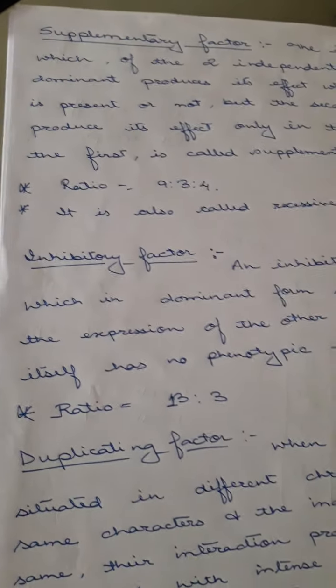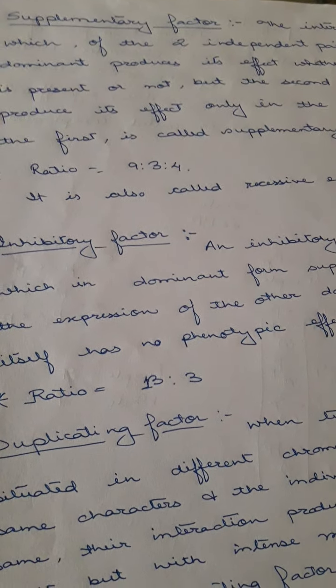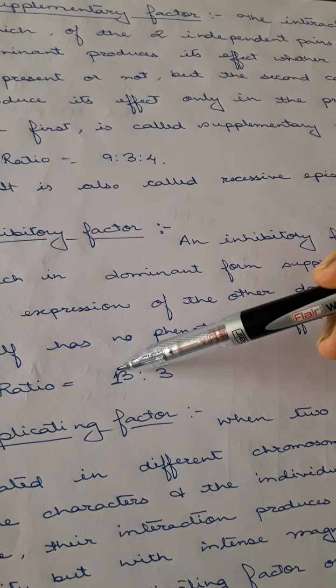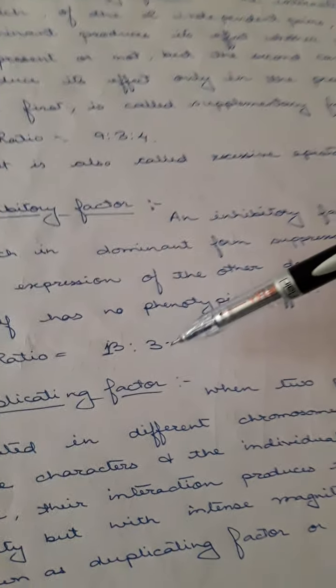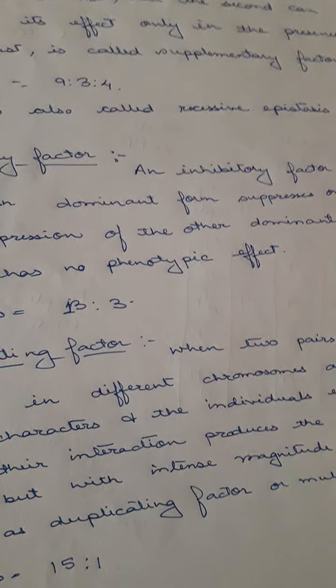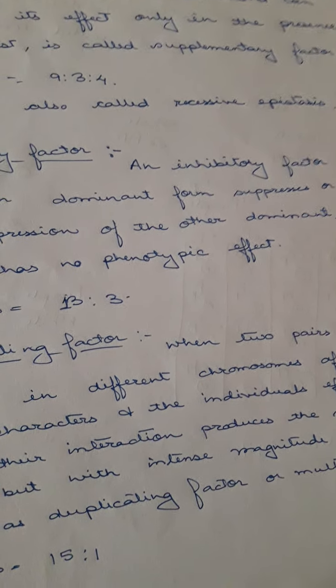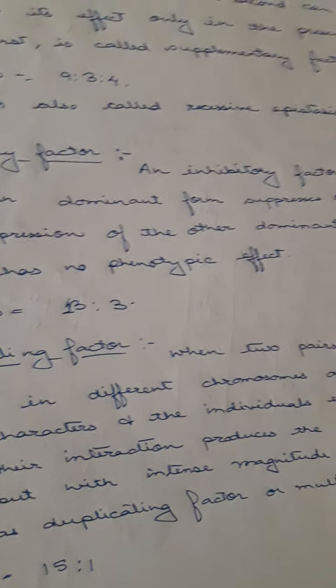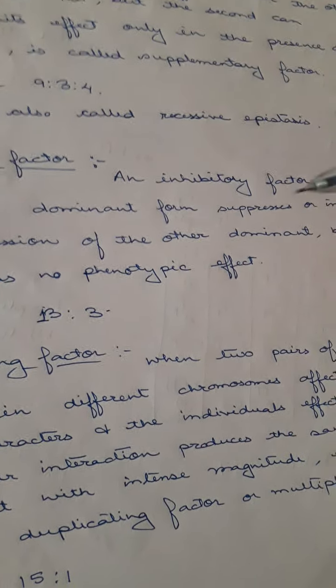Then there are inhibitory factors. Inhibitory factors means one gene completely inhibits the other from its expression. We get a ratio of 13:3. Duplicate factor means two pairs situated on different chromosomes affect the same character, and the individual effects being the same, the interaction produces the same type of phenotype.